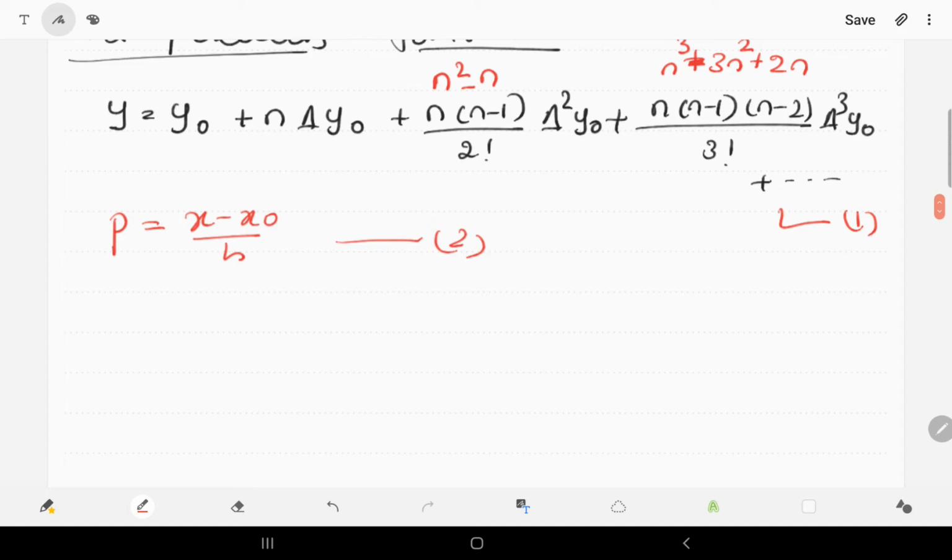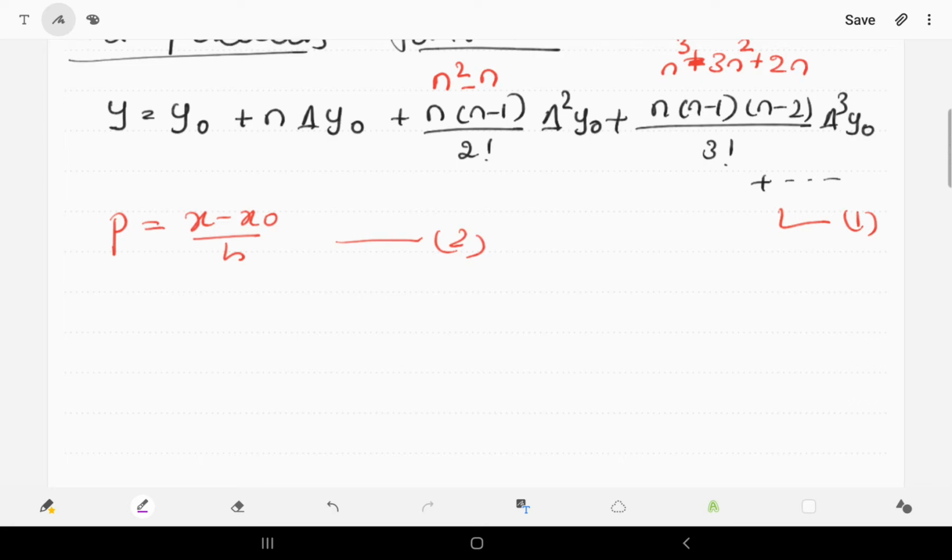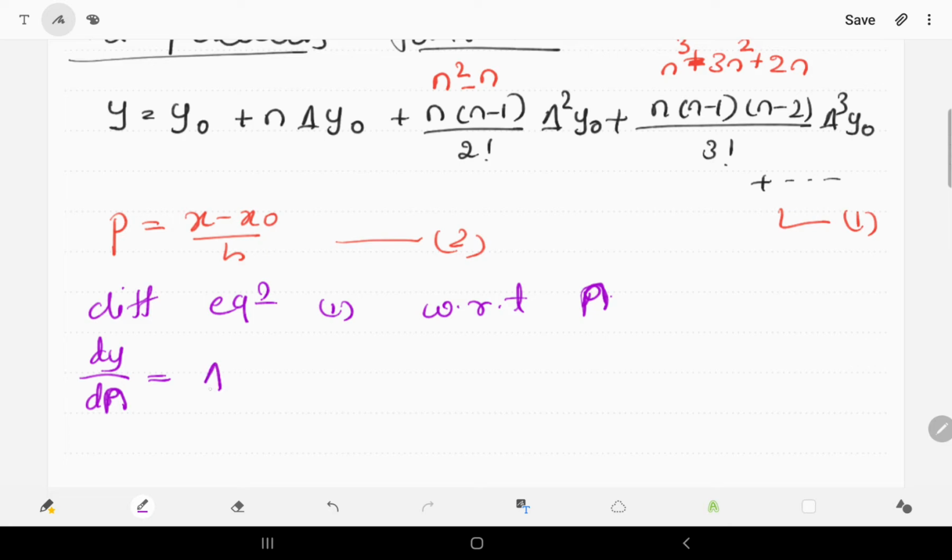Now differentiating equation 1 with respect to p, dy by dp is equal to, with respect to the first term is 0, and then dy by dp is delta y naught.